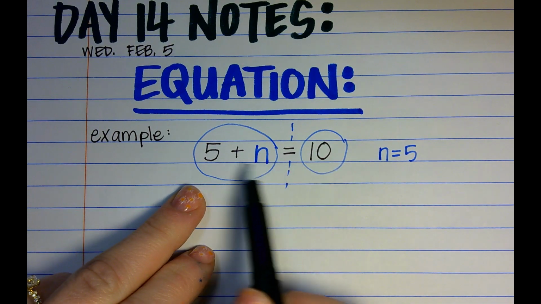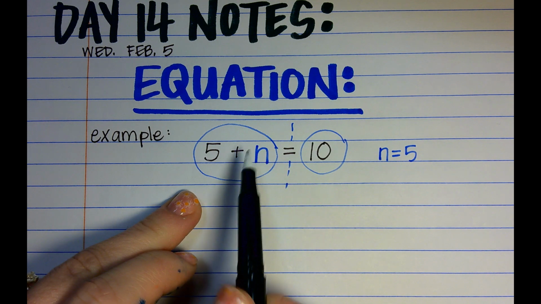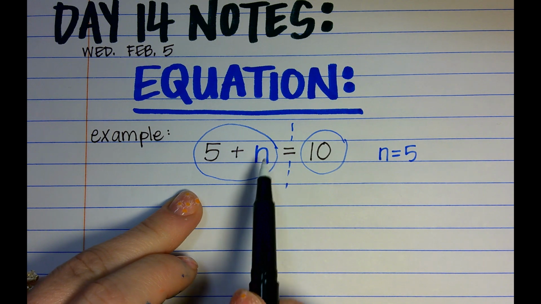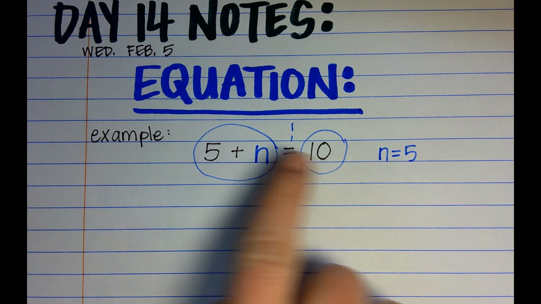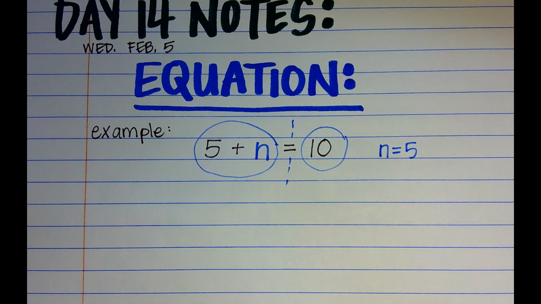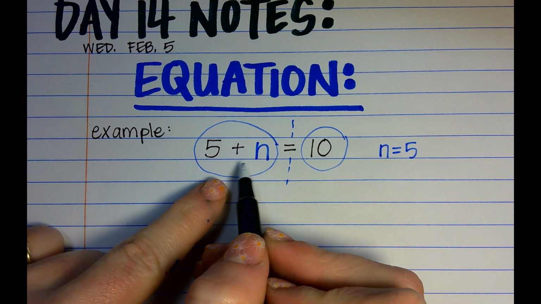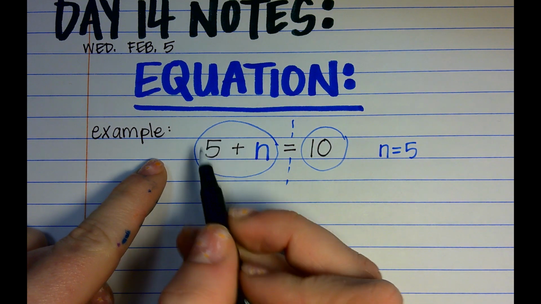When we have an equation like this, and we are trying to solve for a number we don't know, what we want to do is get rid of the number that is with the variable. And here's how we do that. Right here, I have 5 plus n. I have a positive 5 over here.